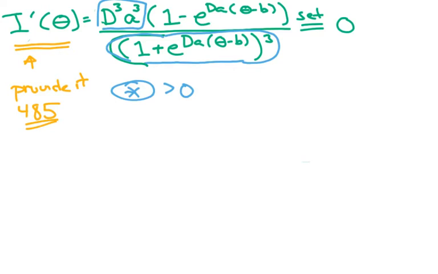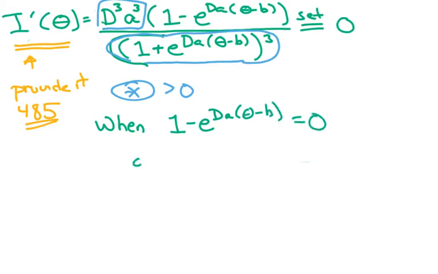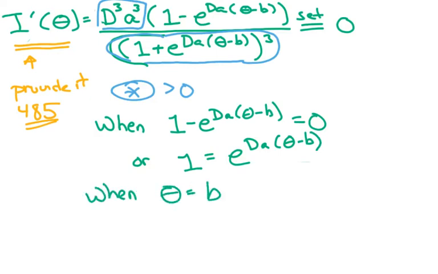So the only way this will equal 0 is when 1 minus e to the dA theta minus b equals 0, which is very simple to solve. This can only happen when theta equals b.